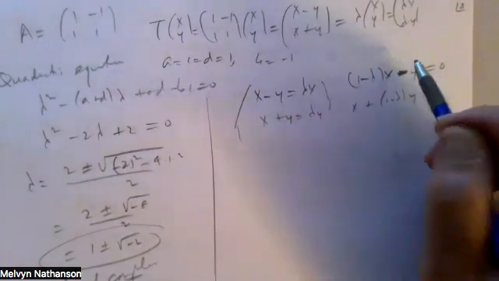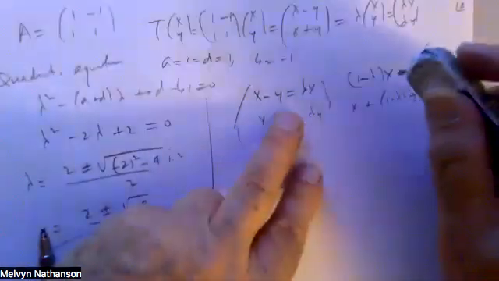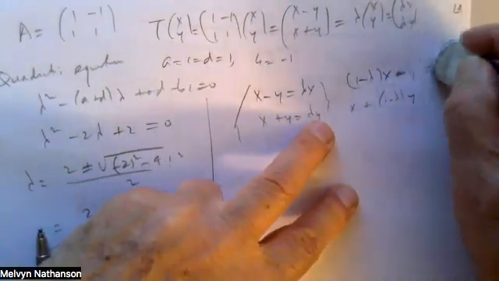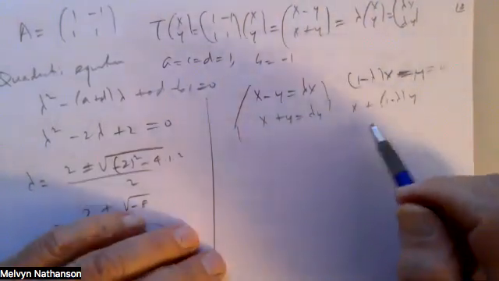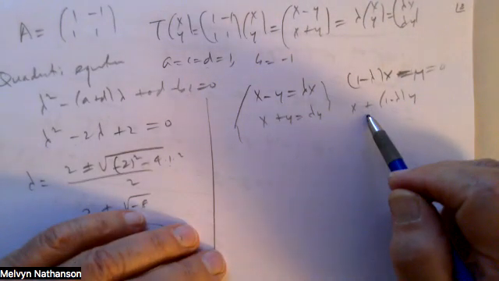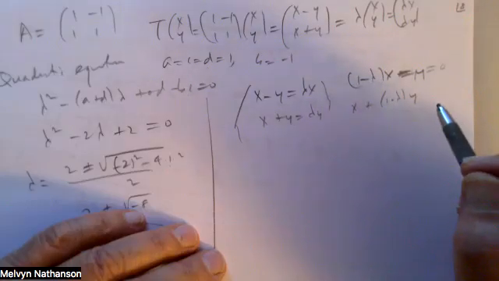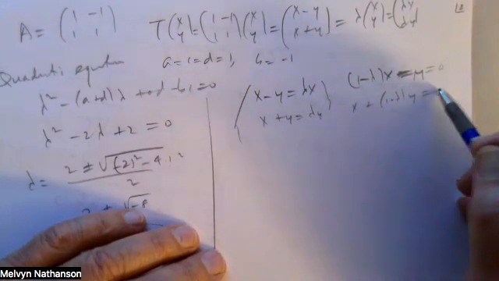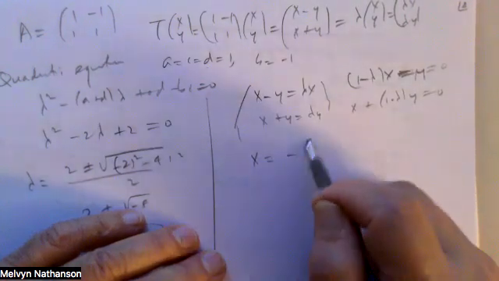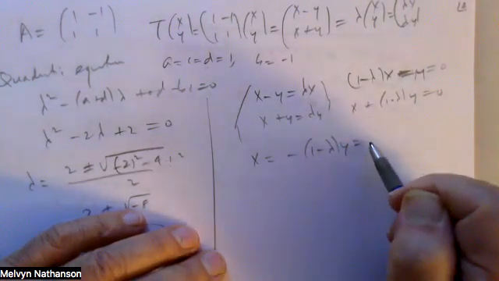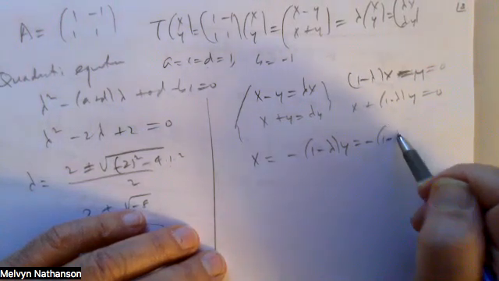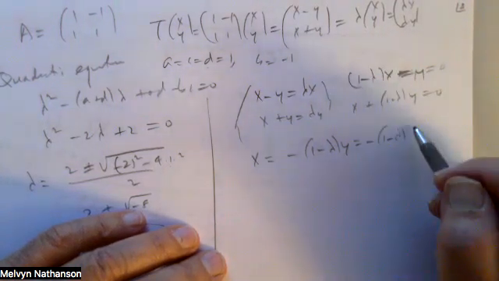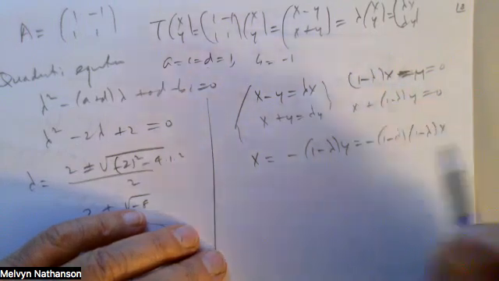Well, actually, that could be replaced. Same as 1 minus lambda x equals y. This says that x plus 1 minus lambda y equals 0, or x equals minus 1 minus lambda y, which is minus 1 minus lambda, and y is 1 minus lambda times x.